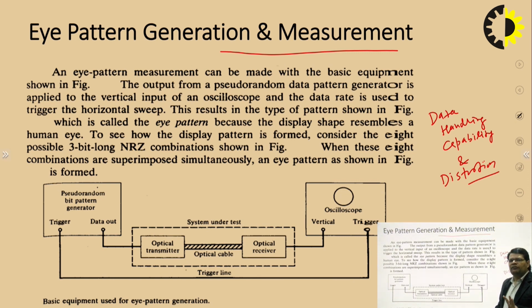For example, if the eye diagram is clearly open, we will say less distortion, and if the eye diagram is closed, we will say that distortion is significantly present.